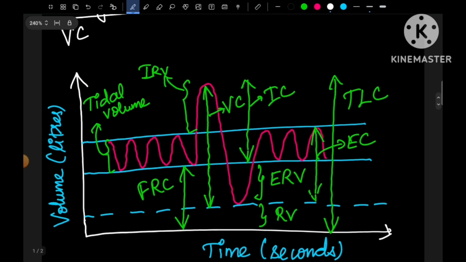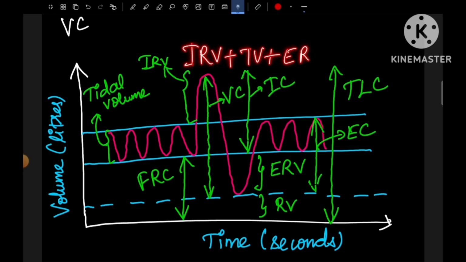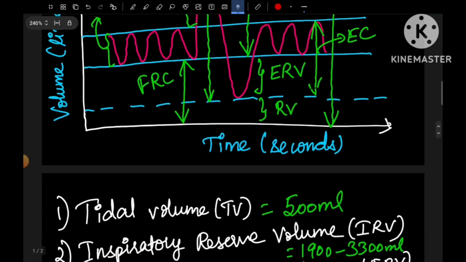Next, what is vital capacity? As I said while drawing the diagram itself, it includes IRV, this tidal volume, and this expiratory reserve volume. So IRV plus tidal volume plus expiratory reserve volume is vital capacity, right?